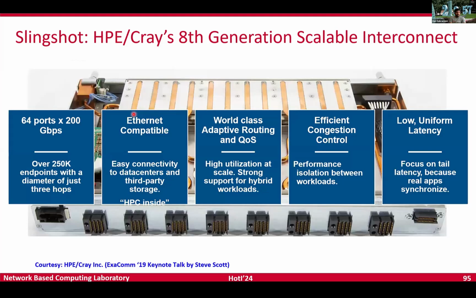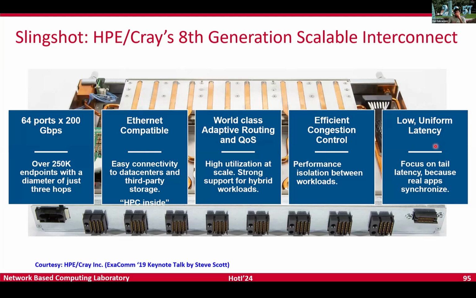Let's quickly look at Cray's Slingshot network as well. If you look at Slingshot from Cray HPE, their biggest selling point is that they have excellent QoS and congestion control and very low jitter.